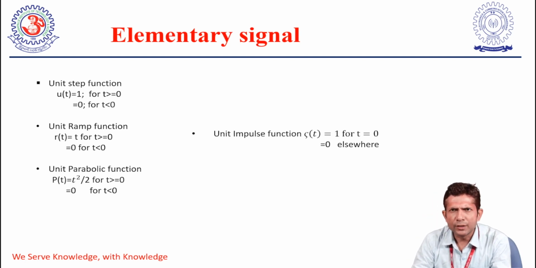So what is a unit step signal? Unit step signal is defined as u(t) equal to 1 for t greater than or equal to 0, and it will be 0 for negative values of time. How to understand this?